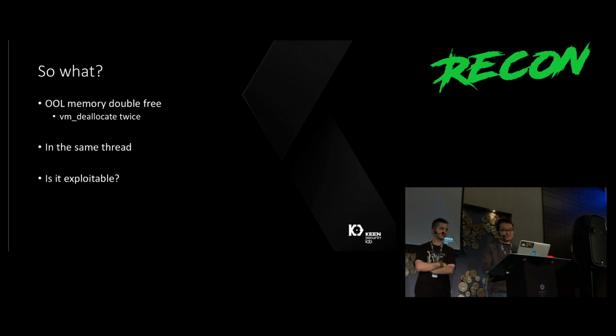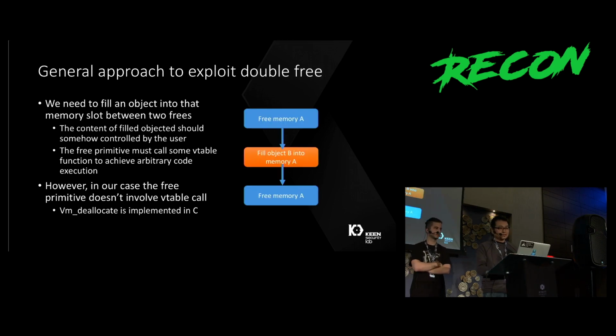So the question is, is it exploitable? Let's see in a general case how to exploit a double free bug. Between the two frees, you actually need to fill in the freed memory.